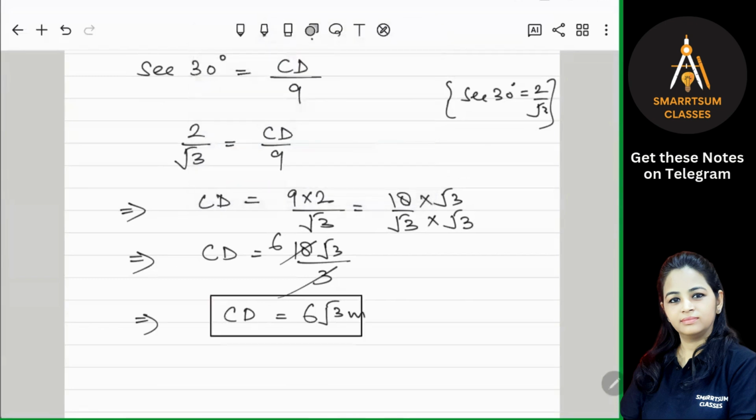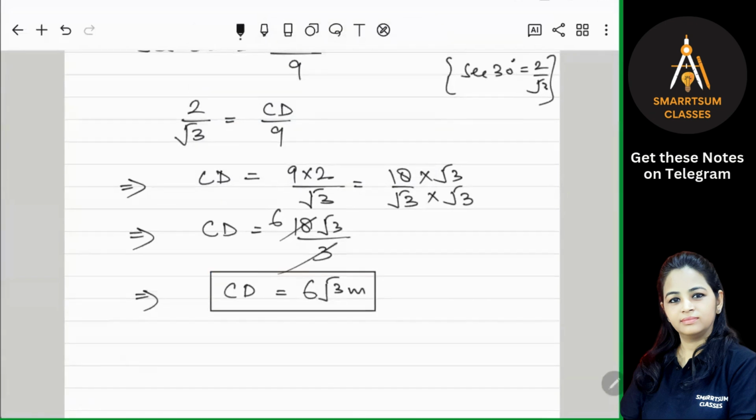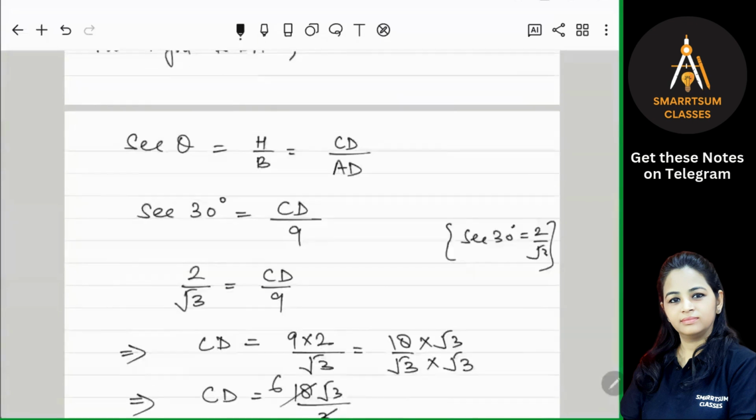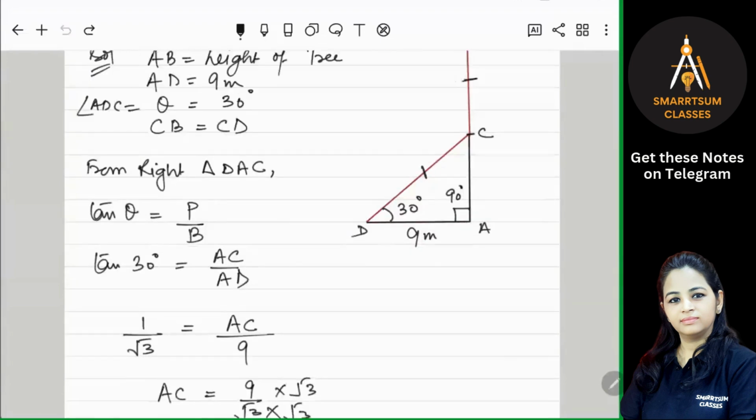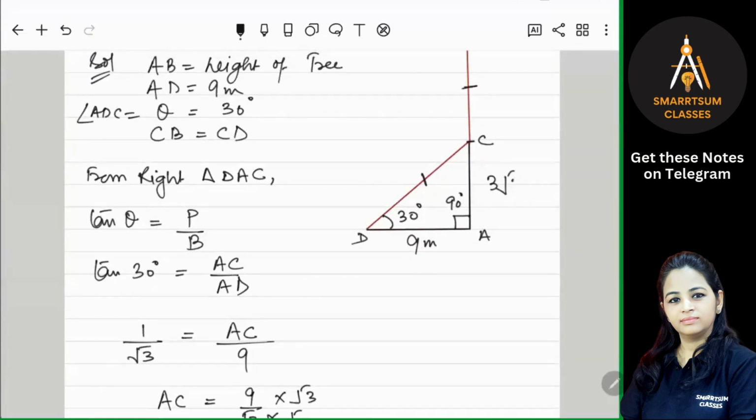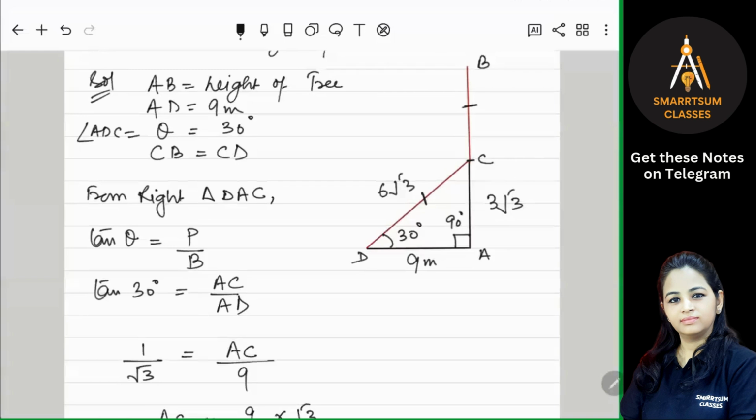Is it clear? So in this way, we have got both the values, AC and CB. AC we got earlier, this is AC, 3 root 3, and CD we have got here, which is 6 root 3. Now CB and CD are the same, yes or no?